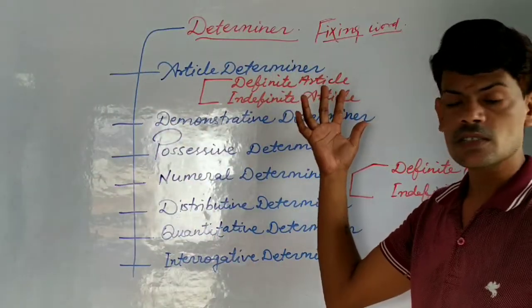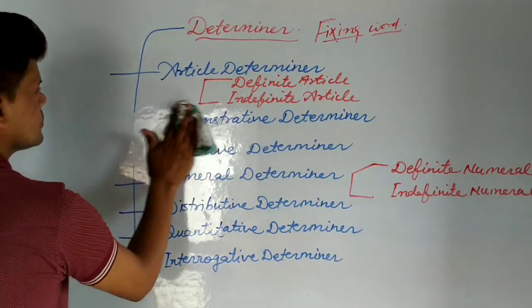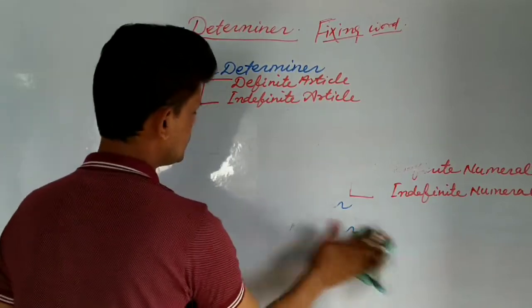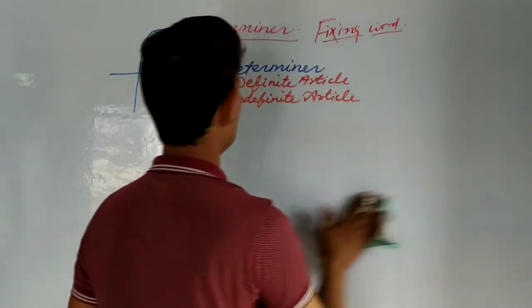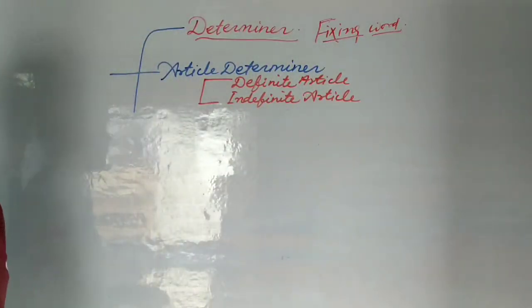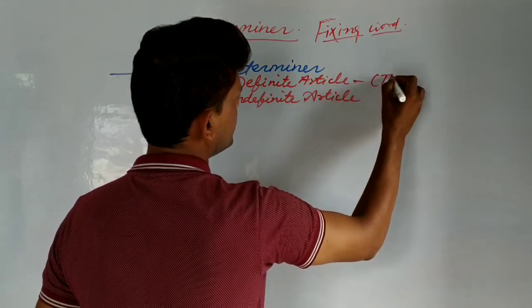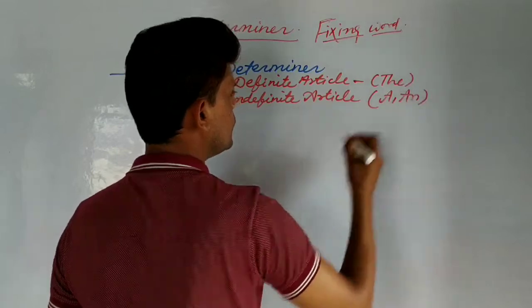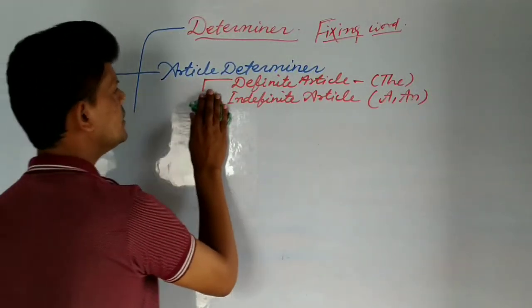Okay students, we discuss article determiner. How many kinds of article determiners? As you can see here, there are two types of article determiner. First one is definite article and second is indefinite article. Okay, so at first we discuss definite article.